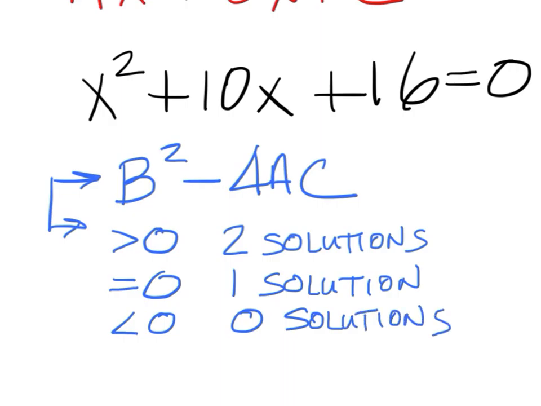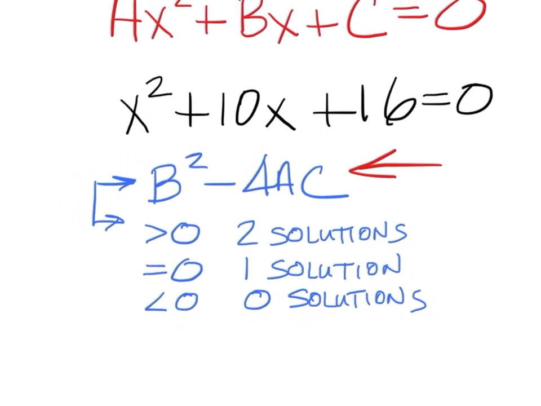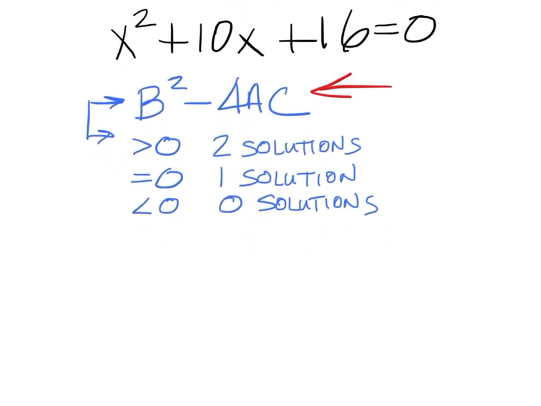So let's use this to figure out how many solutions there are to this quadratic equation. What is b in the quadratic equation? Not 10x, just 10. So 10 squared minus 4 times, what is a? 1.